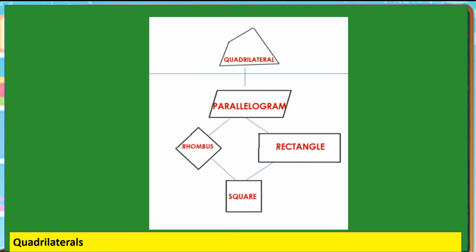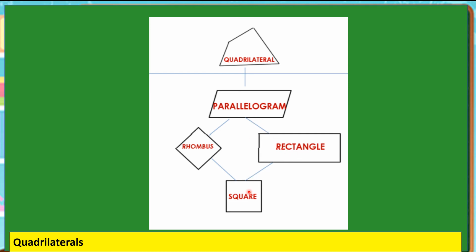So yung una nating naunang ipaliwanag na kinds of quadrilaterals are kinds of parallelogram, where the square, ang special dito ay si square, meron siyang properties or characteristics na meron kay rhombus at meron din kay rectangle.